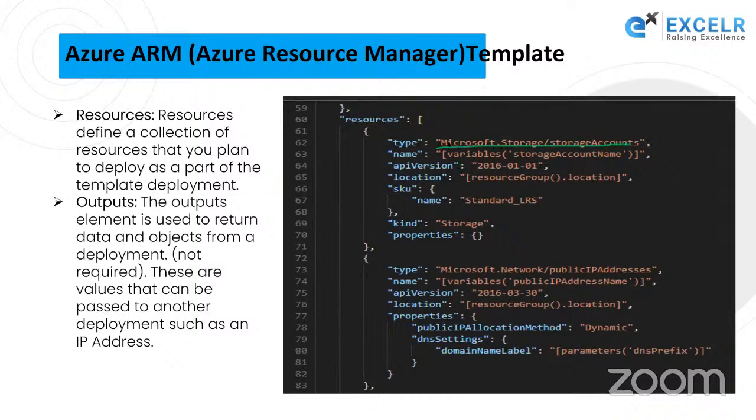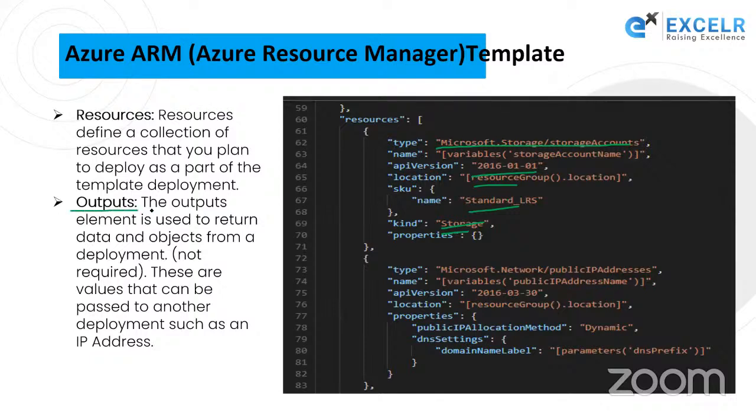All the resources will start with something like Microsoft.Storage, Microsoft.Compute, Microsoft.Network and so on, followed by the name of that storage account, or the public IP address or the VNet and so on. Then the API version, the location and the name, and the kind will be storage, or some kind as compute and so on. So your resources will be a collection of resources, the compute, storage or others, which will be deployed as part of your deployment template.